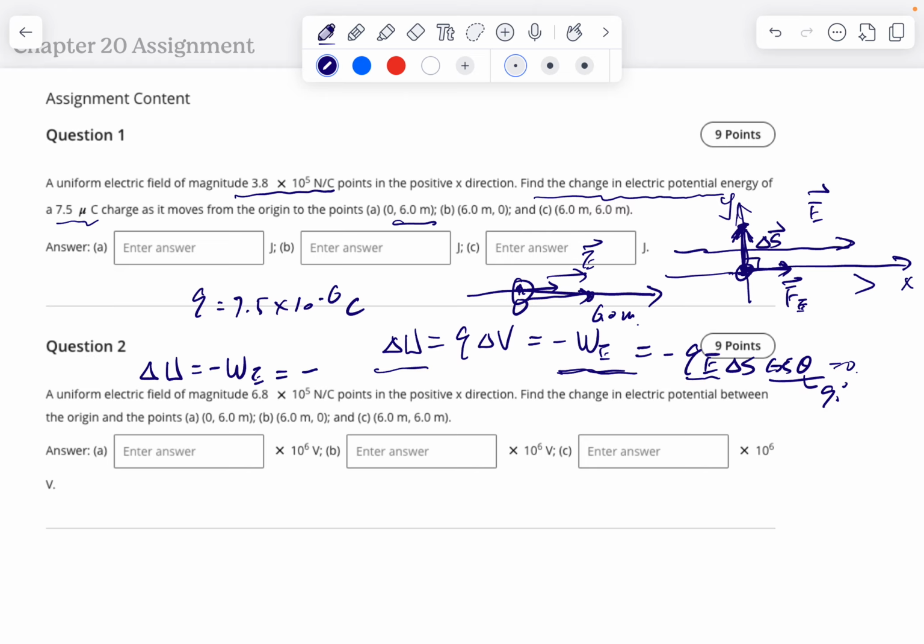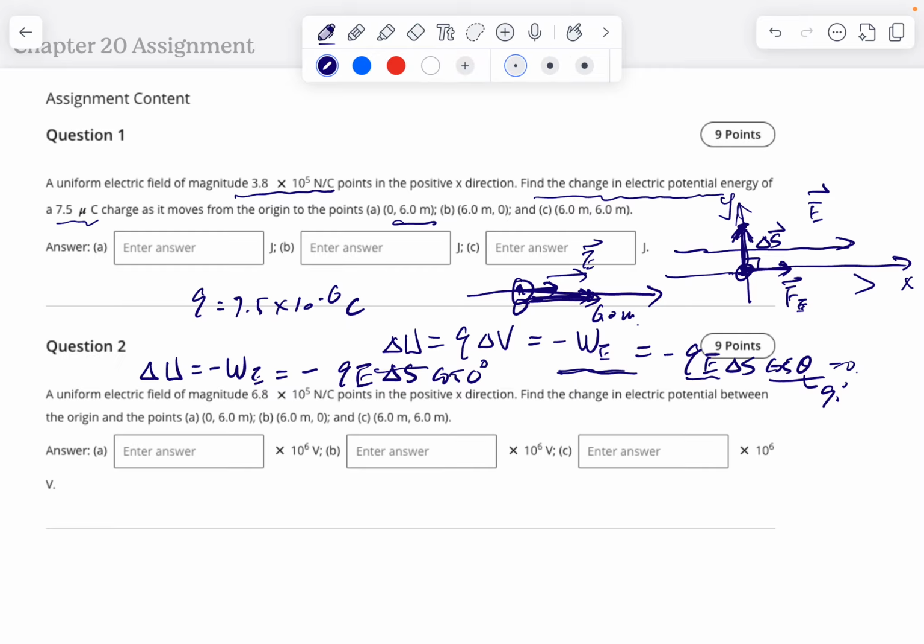Electric force is QE. The displacement from 0 to 6.0 is delta S, equal to 6.0 cosine 0, because they are in the same direction. Electrical force is in this direction, displacement this direction.